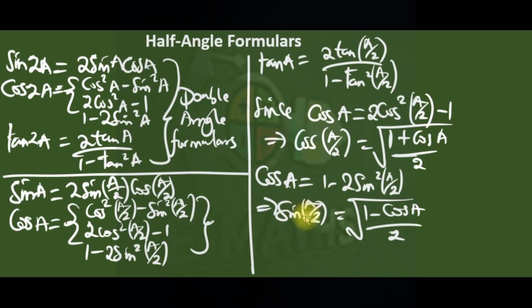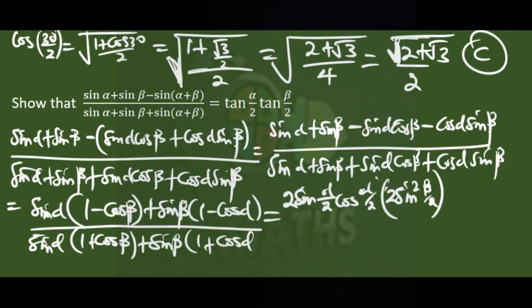Making sine squared half A the subject of the formula gives 1 minus cos A over 2. So that's the identity I used here.